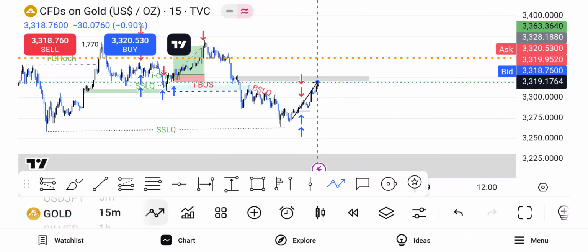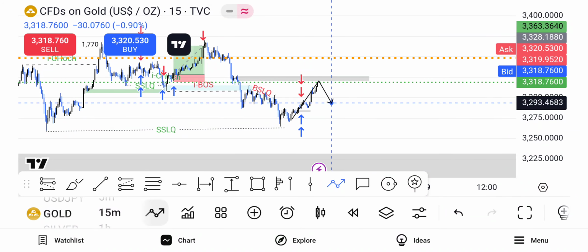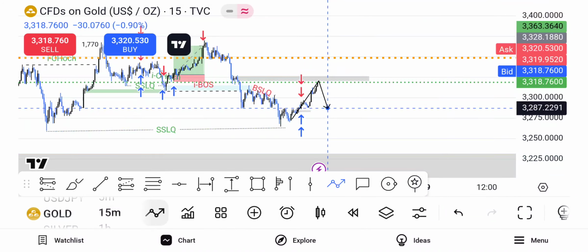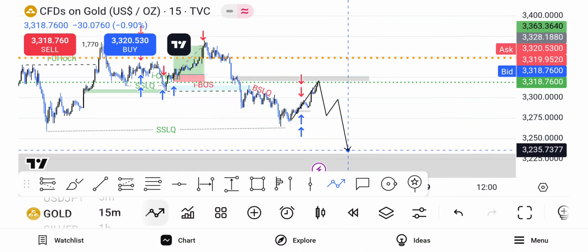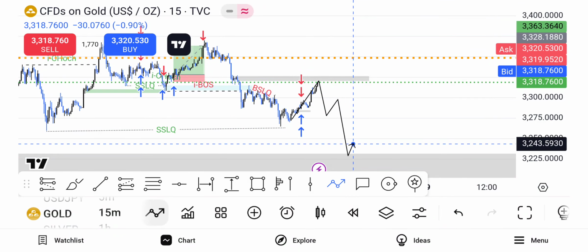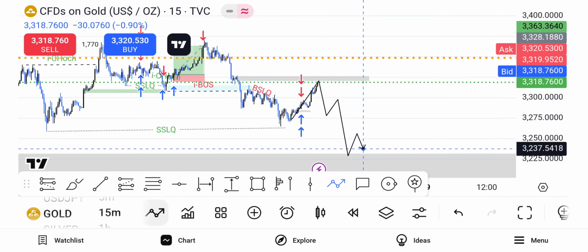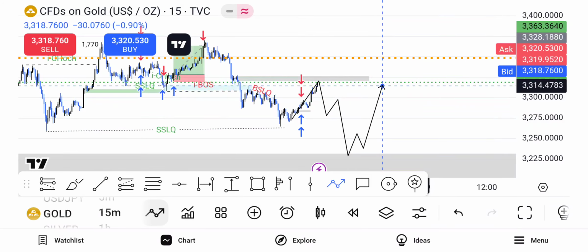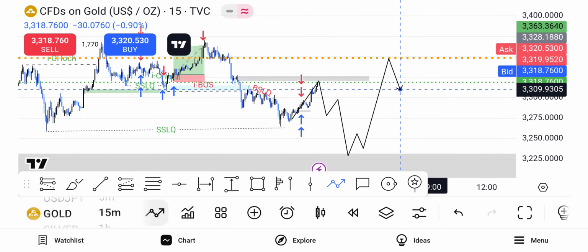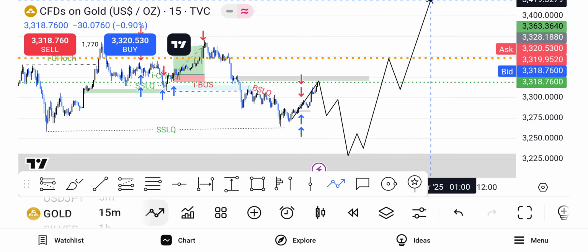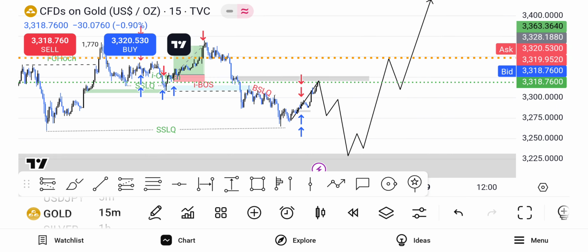Right around here it will touch this support zone, and then it will cause this kind of bear structure. It will retrace to this support zone, and there you go, boom. And we are hoping to take out the previous high as well.